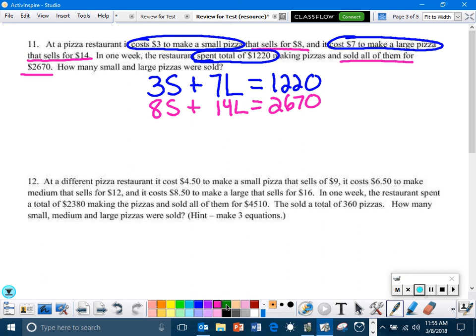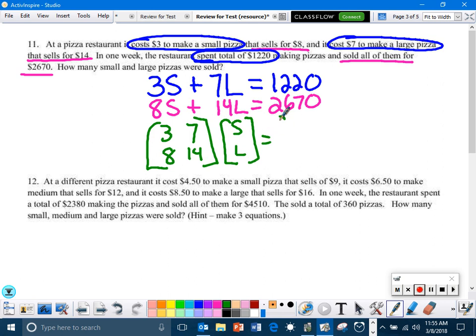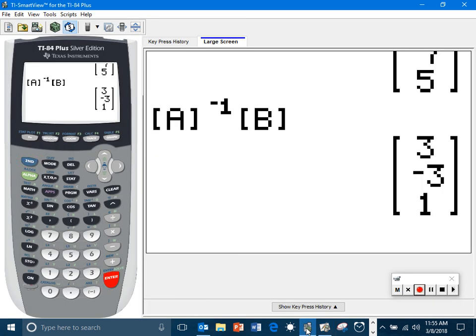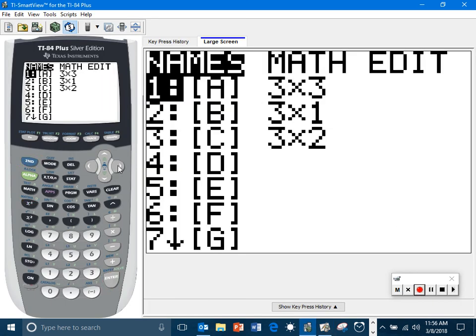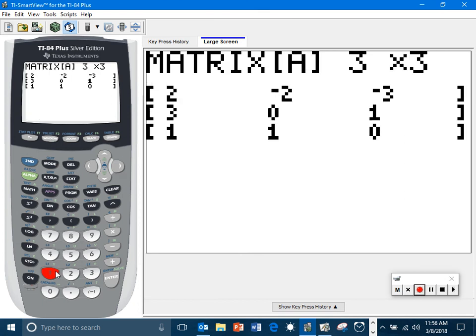All right, I'm going to make my matrix. I'm going to type it in. I need to change my dimensions, 2 by 2.